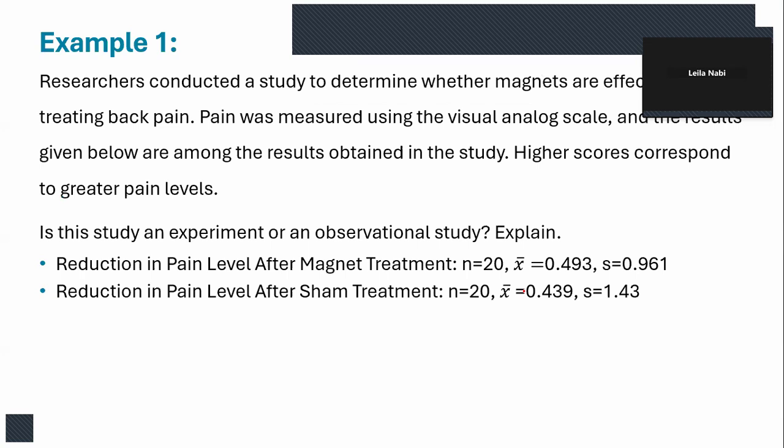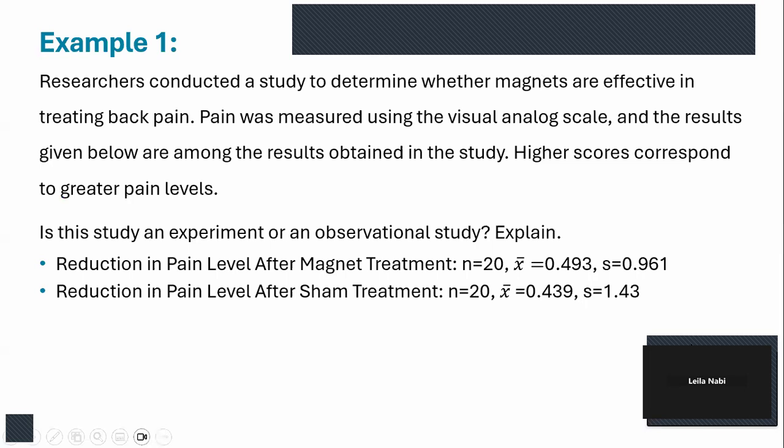Let's look at an example. It says researchers conduct a study to determine whether magnets are effective in treating back pain. Pain was measured using the visual analog scale, and the results are given below. And these are the results.